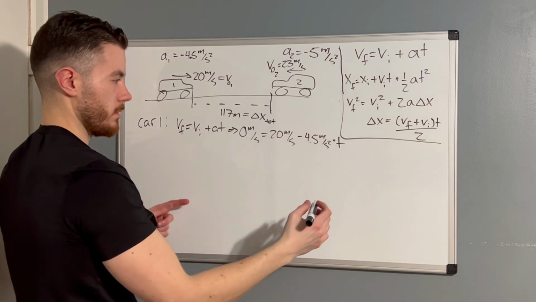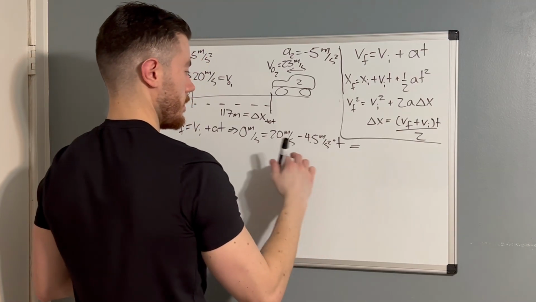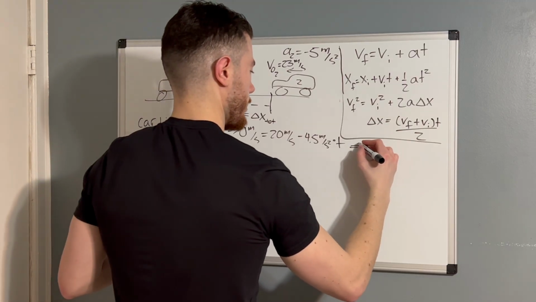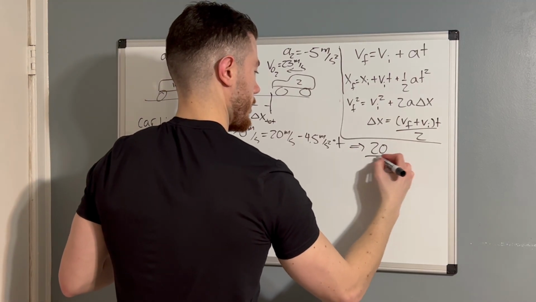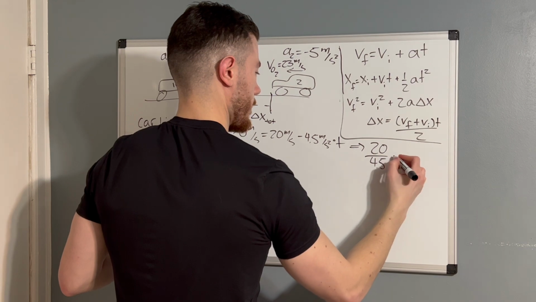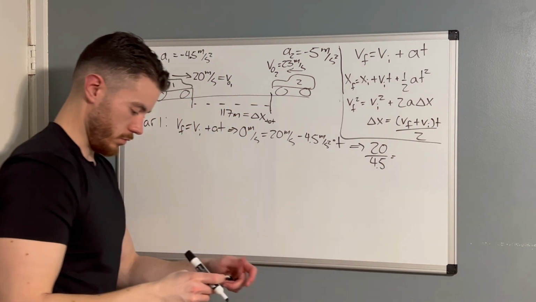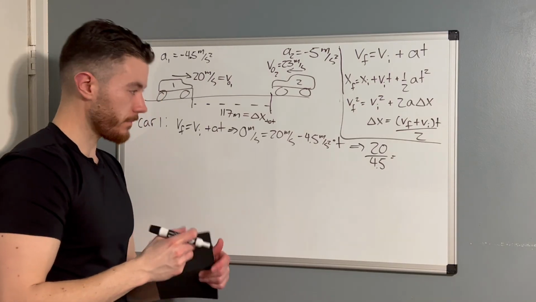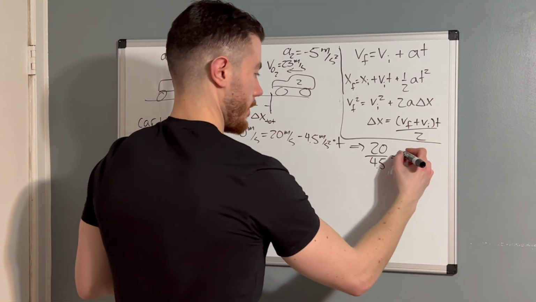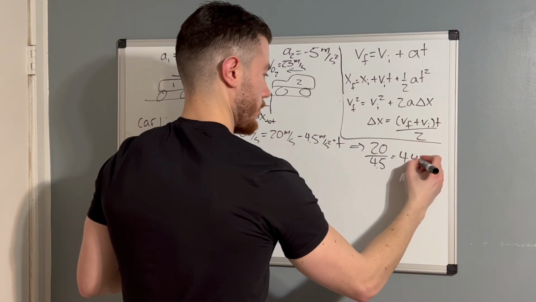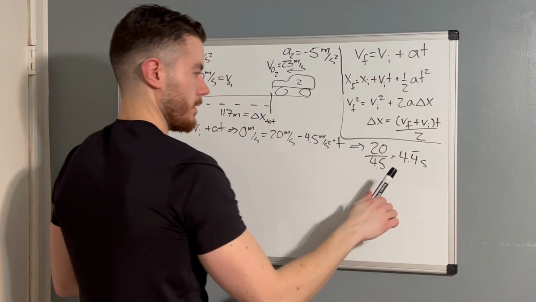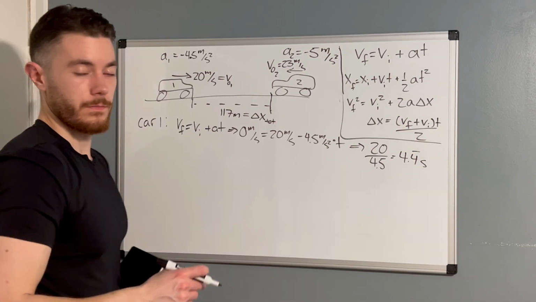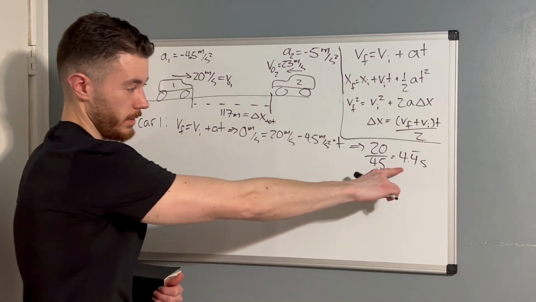Let's rearrange this. This is going to be 20 divided by 4.5, which is equal to 4.4 repeating seconds it takes car 1 to stop. Okay, so this is how long it takes car 1 to stop.